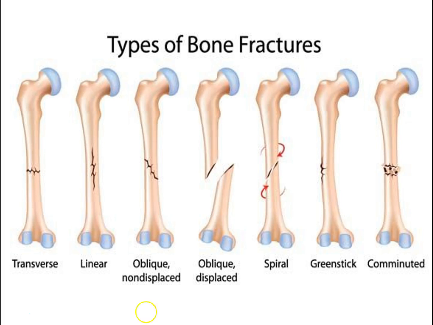As you can see in the picture there, that is a very good representation of a comminuted fracture. These kinds of fractures may occur because of impact injuries. So if a pediatric patient had a fall and they landed on their feet, the impact that would go through the body from that fall is what would cause a comminuted type of fracture.